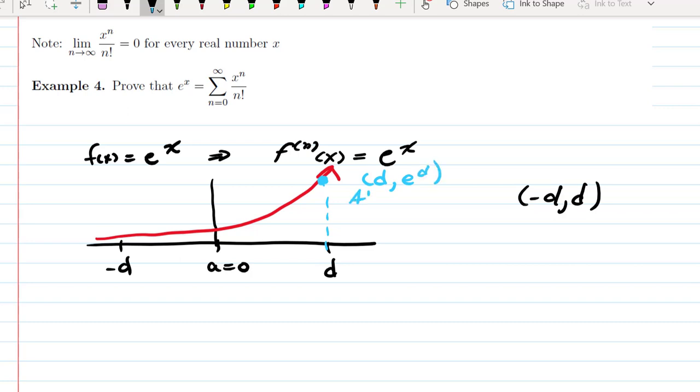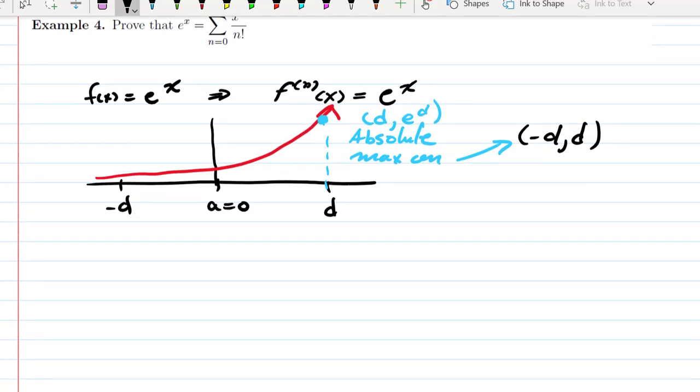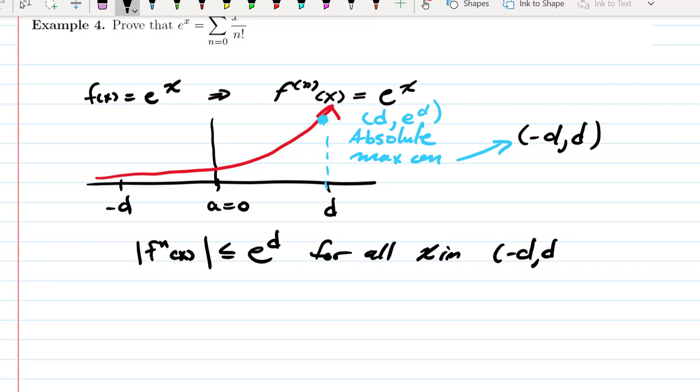And this is going to be the absolute max on that interval. So then we would know that the nth derivative, since the derivative of e to the x is always e to the x, is always going to be less than e to the d, where d is the endpoint for that interval, for all x in the interval negative d to d.